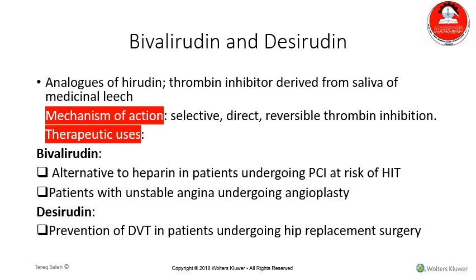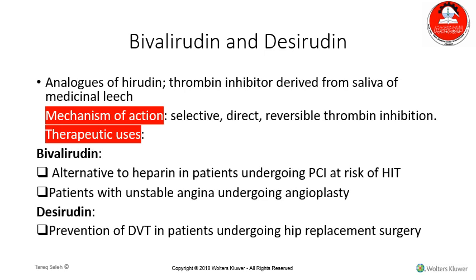Their mechanism of action is that they can selectively and directly inhibit thrombin. So they are more similar to argatroban. They're different from how heparins work, and they can inactivate circulating thrombin and thrombin that is attached to the forming clot.